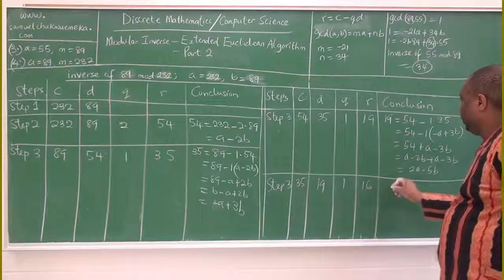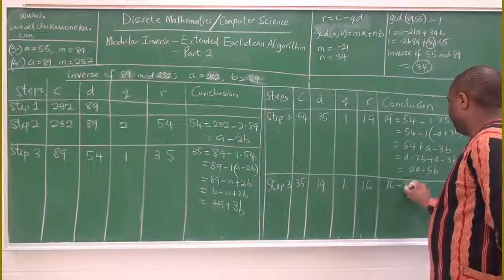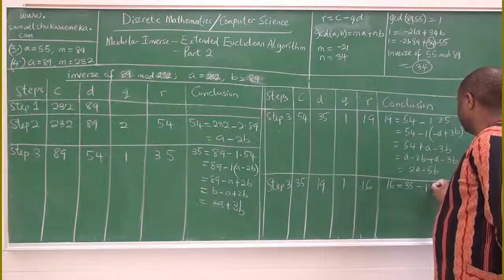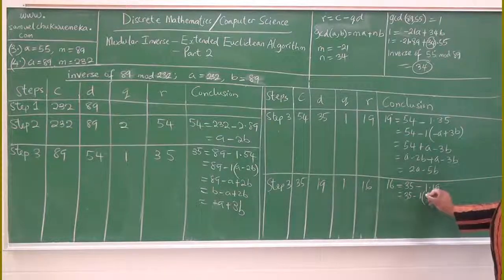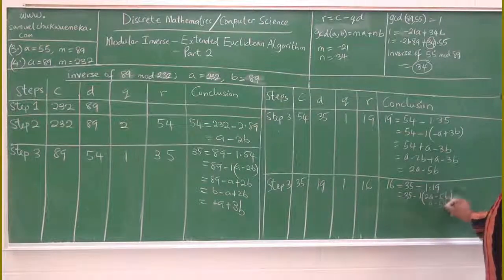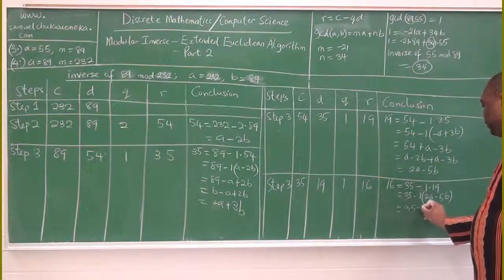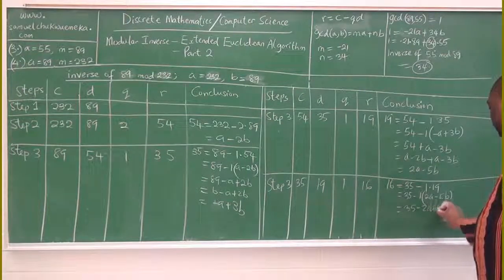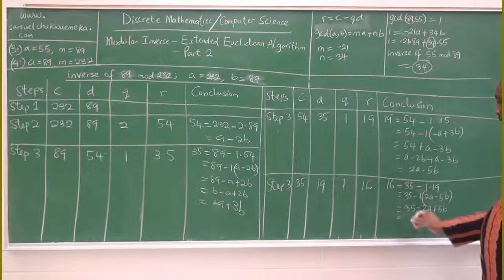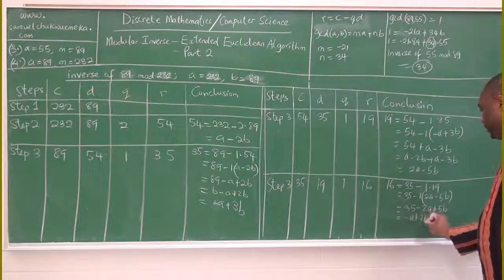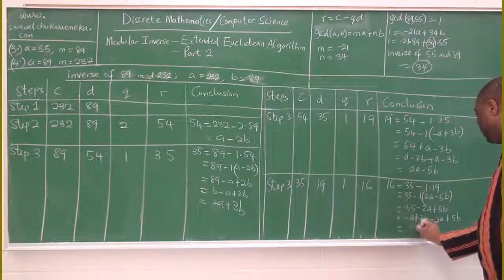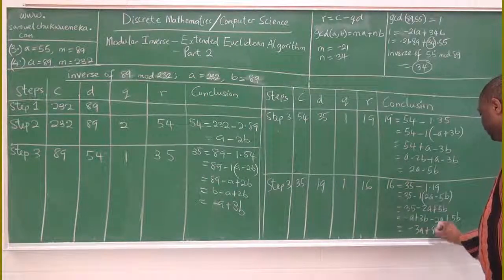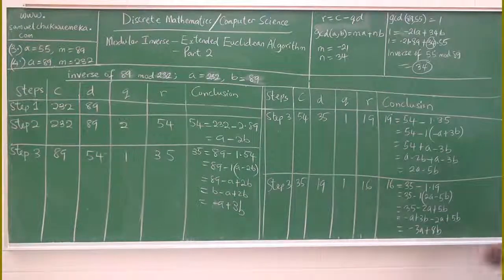Okay, so this will be that 16 is equal to 35 minus 1 times 19, which is 35 minus 1, 2A minus 5B, which is 35 minus 2A plus 5B, which is 35 is negative A plus 3B minus 2A plus 5B, which is negative 3A plus 8B. Okay? Negative 3A plus 8B.